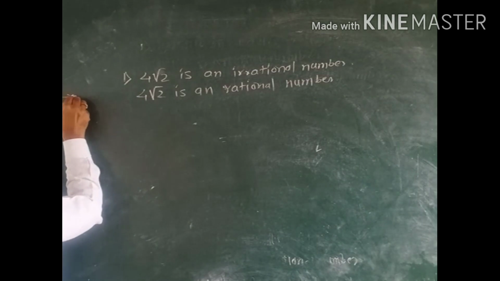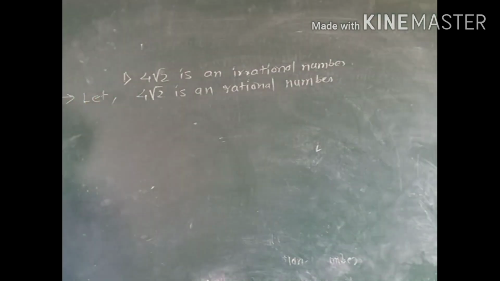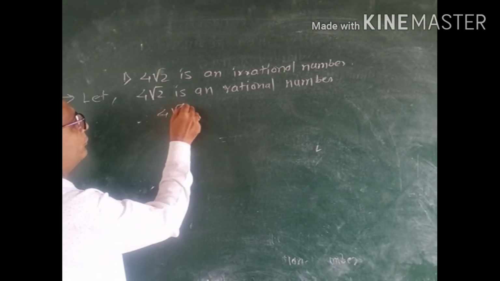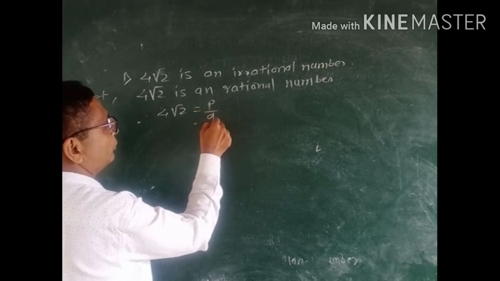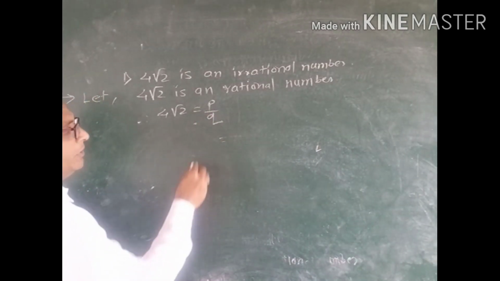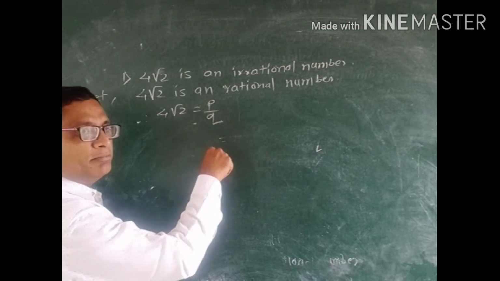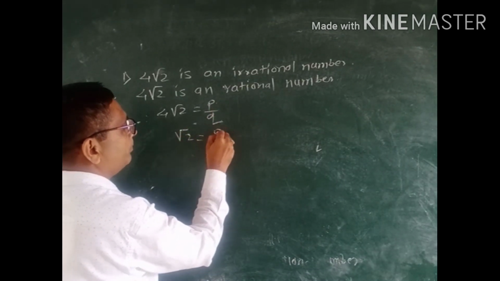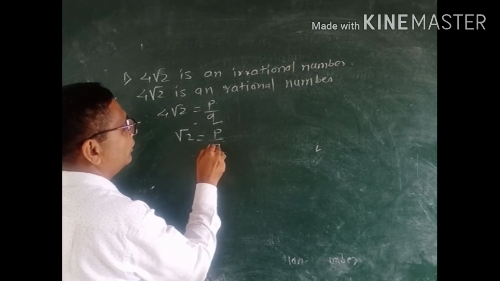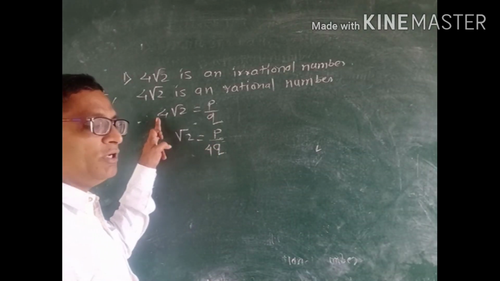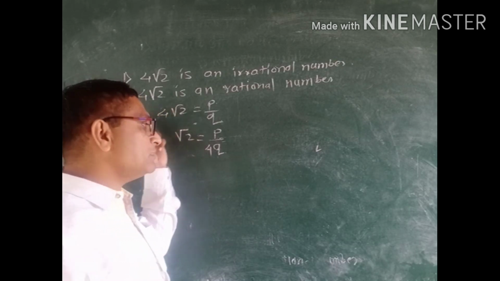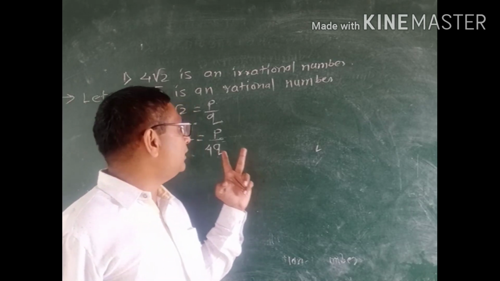Let 4 root 2 be a rational number. Therefore, 4 root 2 is equal to p upon q, because a rational number is always in p upon q form. Therefore, root 2 is equal to p upon 4q. This 4 is moved to the right side, so it multiplies on the left and divides on the right.